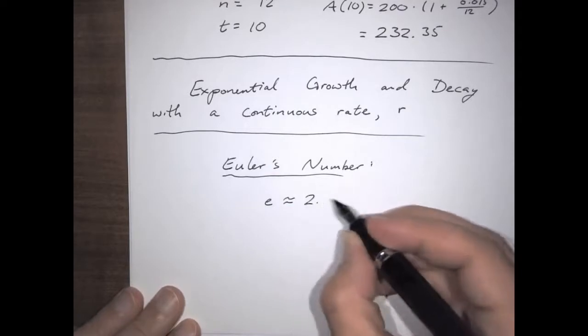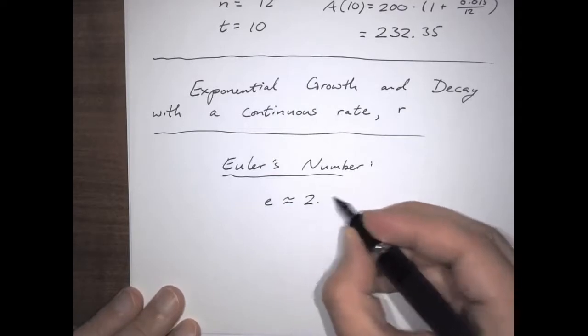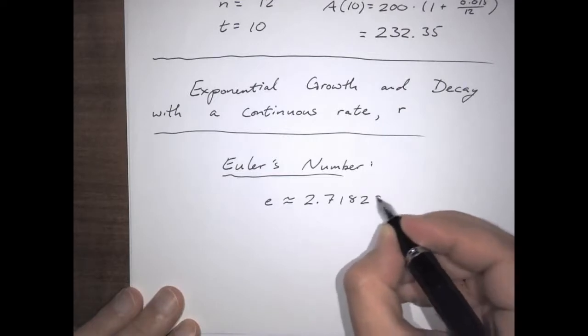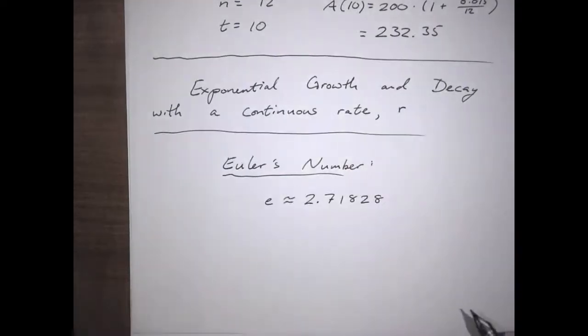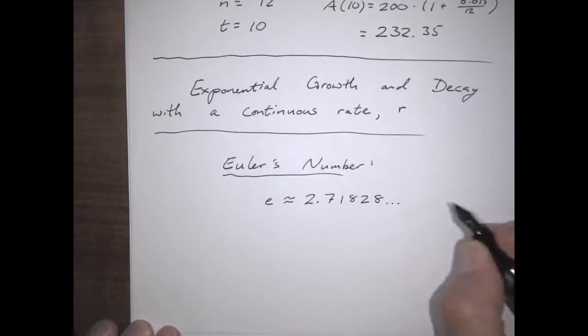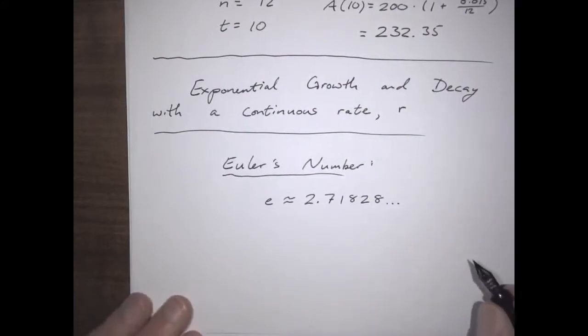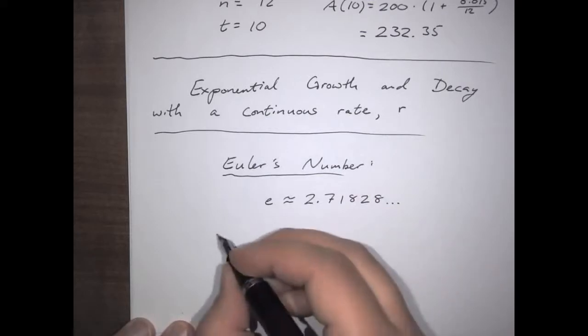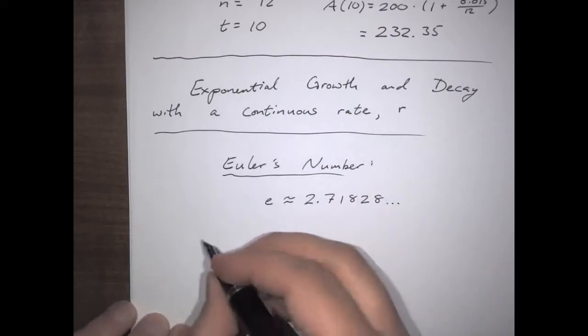But what its value is, it's 2.71828, and then the digits keep on going forever. Just like pi, the digits go on forever. They don't settle down into any predictable pattern, and they just keep on chugging. So this is a number. It is the base that is used for continuous growth rate.